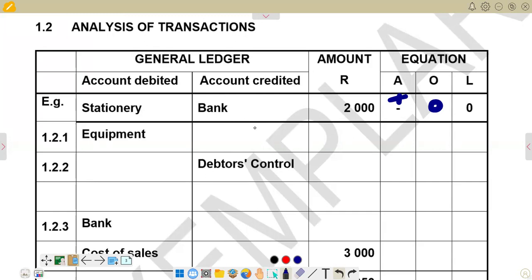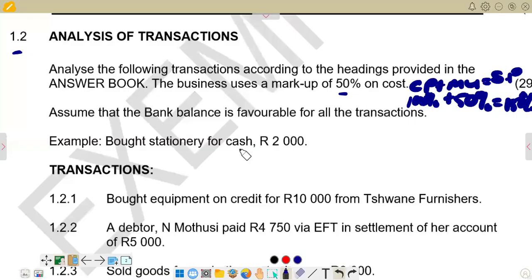If you go back, let's try to see the first part, which is 1.2.1. On 1.2.1, it reads: bought equipment on credit for 10,000 rands from 20 finishers. So we are buying equipment, so obviously we are debiting equipment.